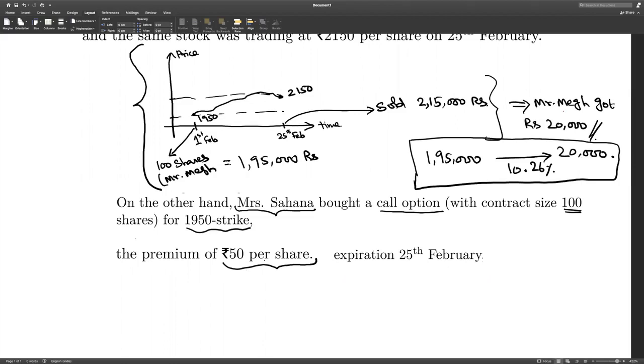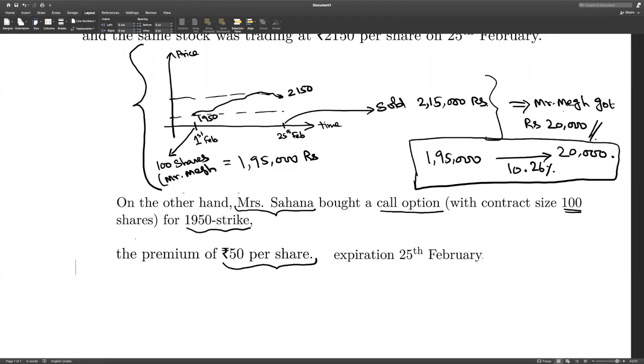So recall, to define a call option, we need to know what is the strike price and what is the contract size. If we don't mention a contract size, it means you can by default take it as 1. And we need a premium, that is the option price, and the expiration. So all these 4 parameters define an option.